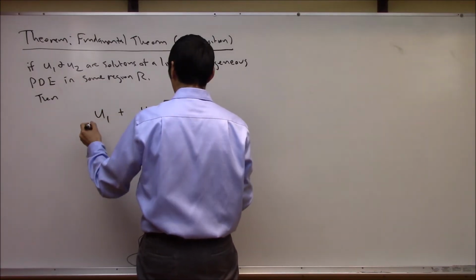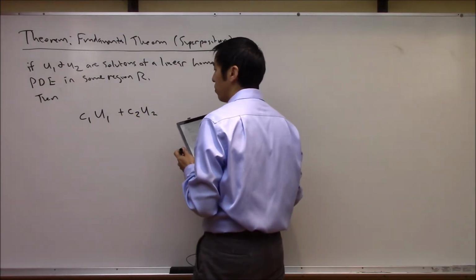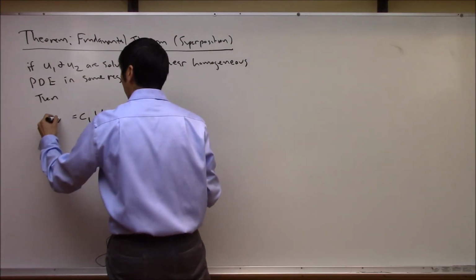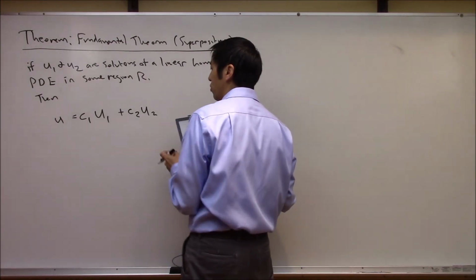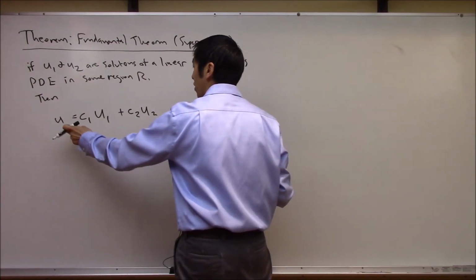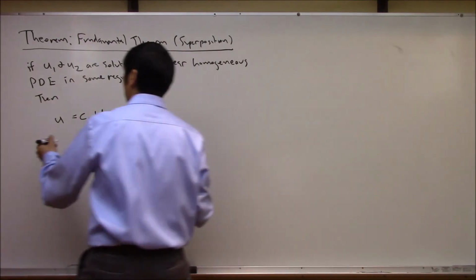In fact, you can even jam on coefficients in front of these, C1 and C2. Let's call this U, a linear combination of U1 and U2. If this is the case, then U is actually also a solution.